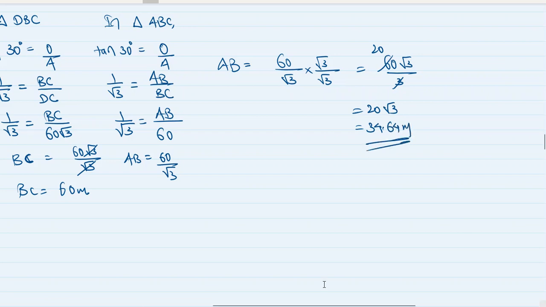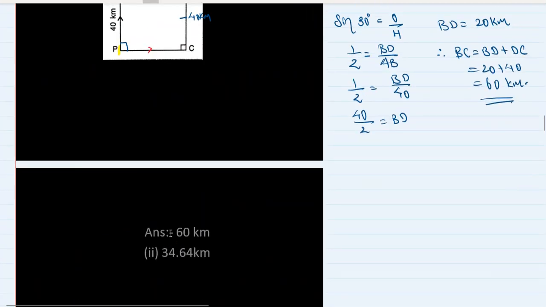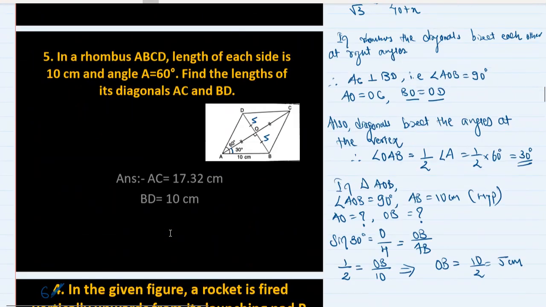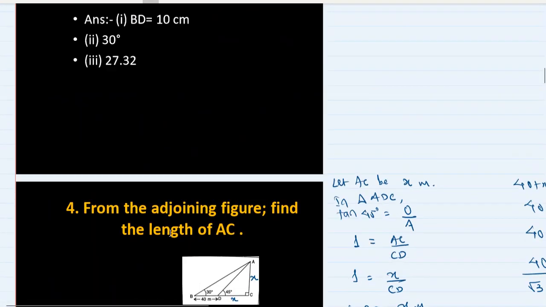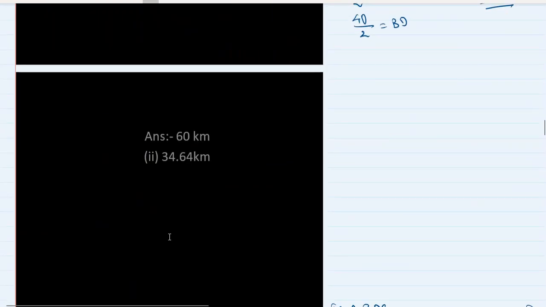That is the length of AB. 20 root 3 or 34.64. Okay, so the question becomes complicated when there are multiple triangles in a single question and you have to find the length of missing triangles.